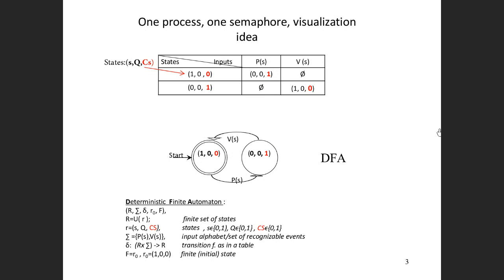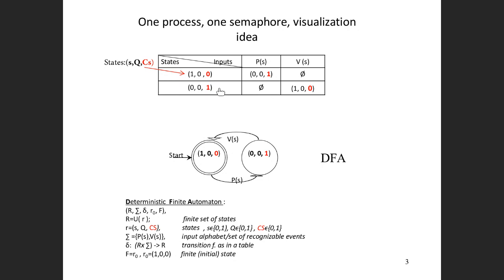Let's have an example of a deterministic finite automaton with three states, still referring to processes. We have a function, the transfer function delta, described by the table here. Vertically we have states, horizontally we have inputs.